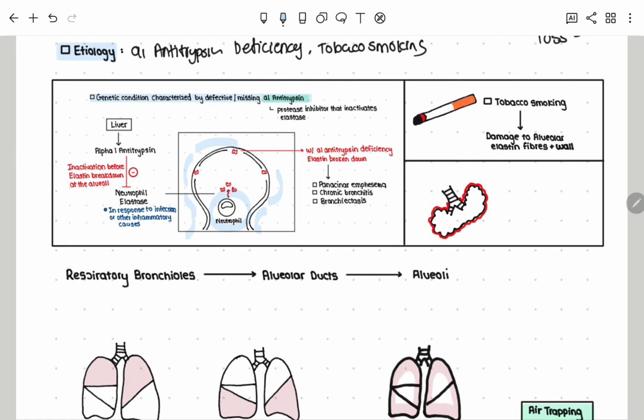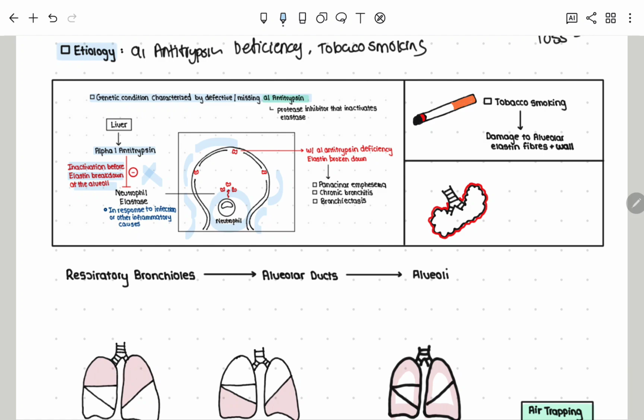And so if these elastic fibers are broken down, you can imagine that the ability of the alveoli to recoil and push air out is completely lost. And so to prevent this, you have alpha-1 antitrypsin, which inactivates neutrophil elastase. And so if alpha-1 antitrypsin is missing, this process is completely unchecked.